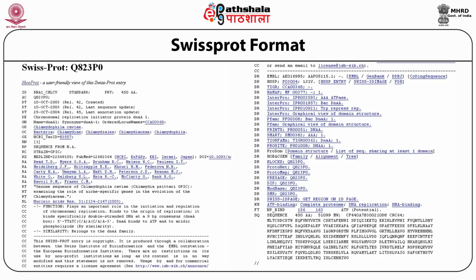Then you can see the date of the creation of the data, and the dates of updates. Like you can see here, it was updated on 10th October 2023, then again it was updated in 2004. Then you can see the information about the authors who have published this work, and then you can find the detail about the integration with different databases, and information about the function like the gene ontology.